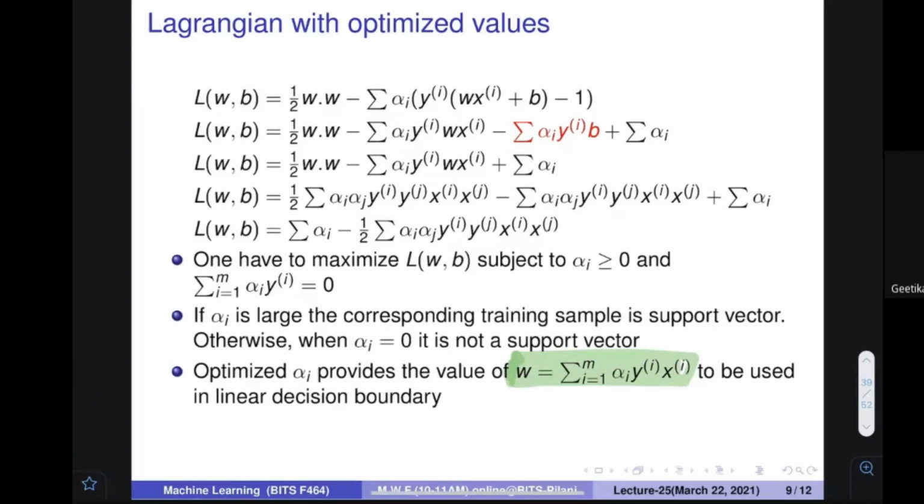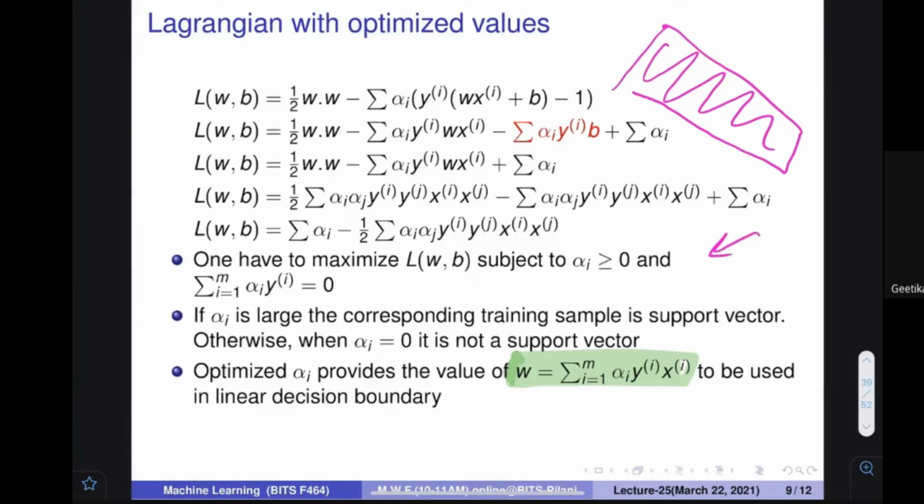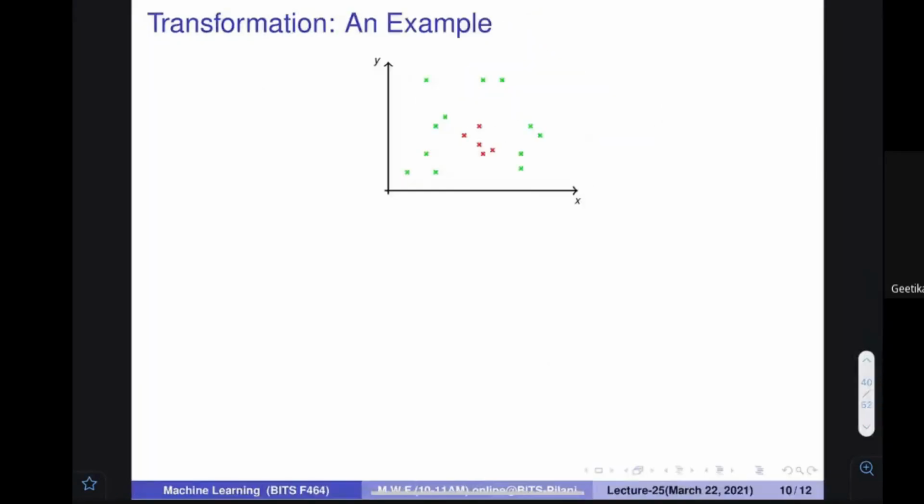When you have the values of w, you have the value of the plane, and that is a fat margin classifier because we built the system in such a way. So this is the equation of the plane that represents the SVM linear decision boundary.